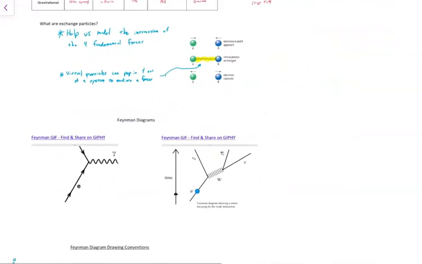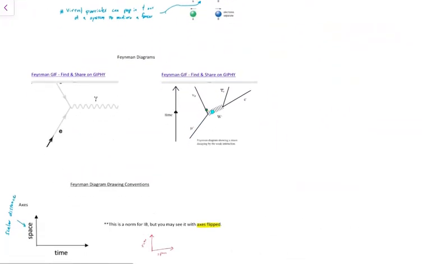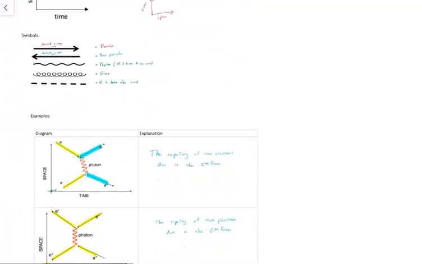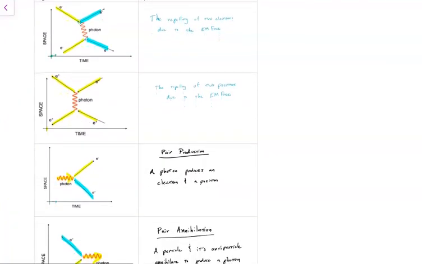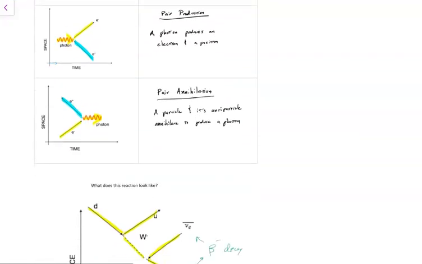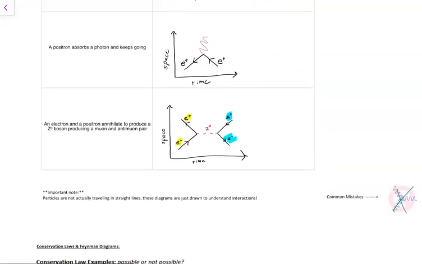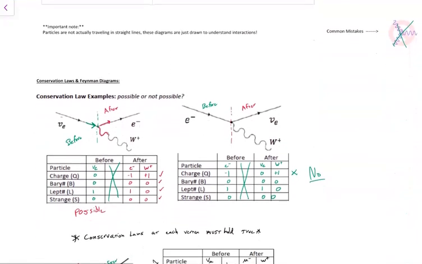And then we've looked at how the diagrams are drawn to showcase all the different types of quantum interactions that can occur. We talked about the conventions in order to draw them. We've been able to identify what each interaction looks like, how to describe them, and then we've drawn them more, and then we've identified conservation laws with them.